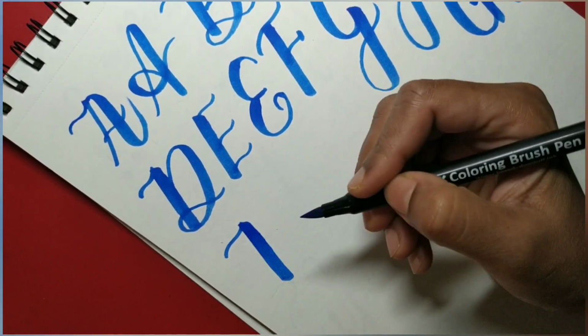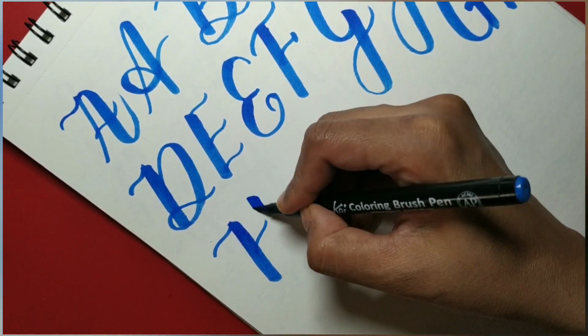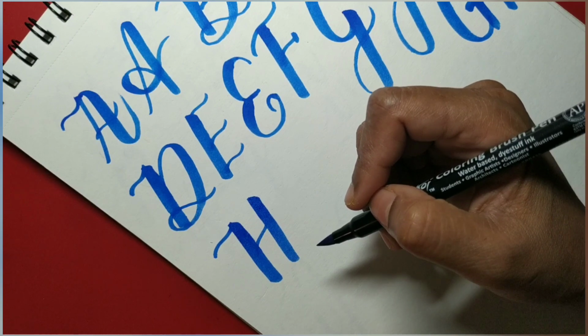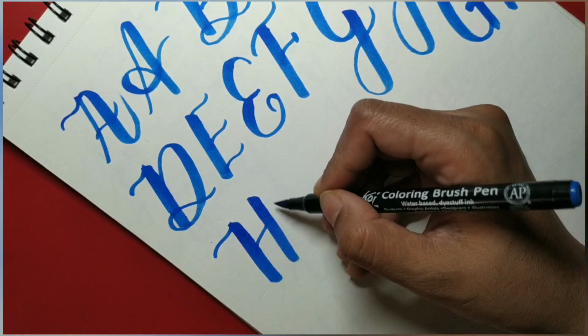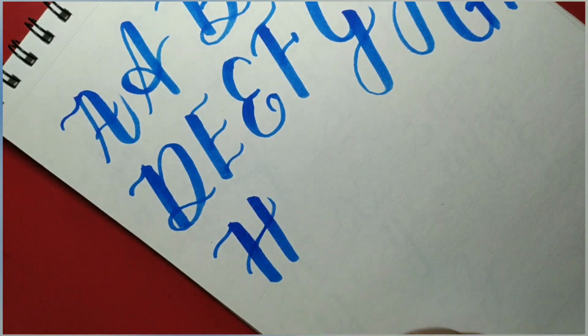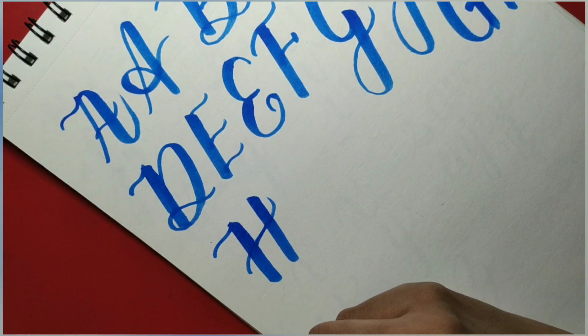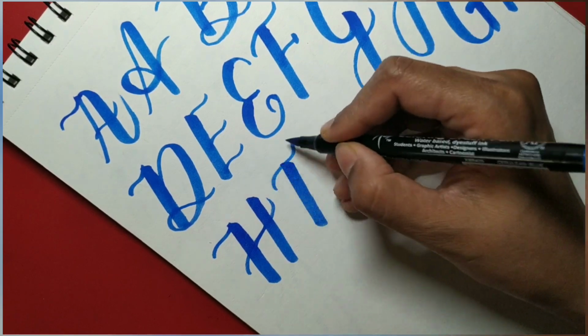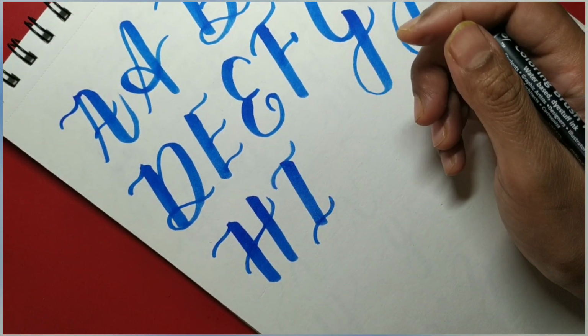So just practice these strokes and they will help you form these alphabets a little more easily, right? If you don't want to keep it straight, you can give it a curve just like a swash, right? I is simple, come down heavy and then two swashes on both sides, right?